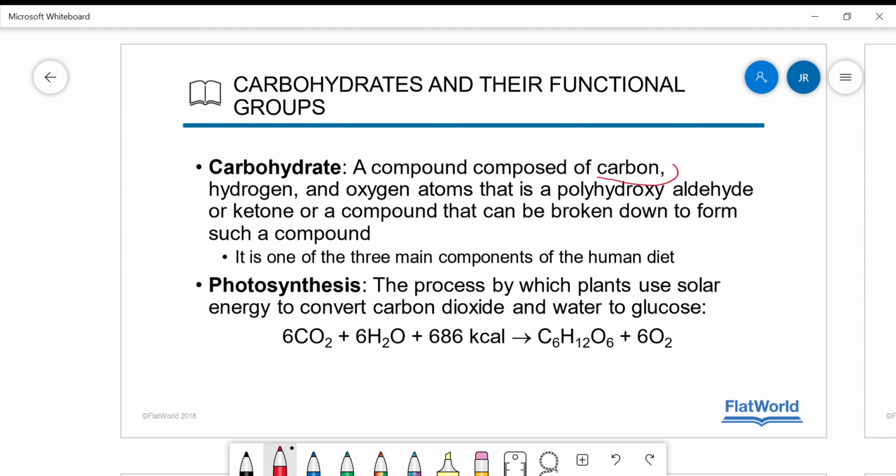So carbon, hydrogen, oxygen. So not a hydrocarbon that we've seen before. My students will know that word. But definitely an accessorized hydrocarbon, an accentuated hydrocarbon with oxygen.